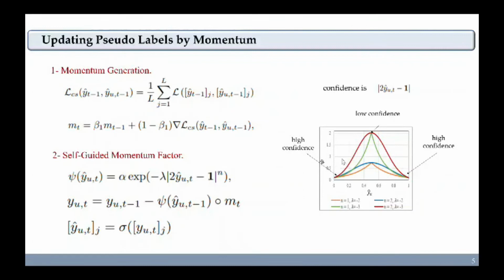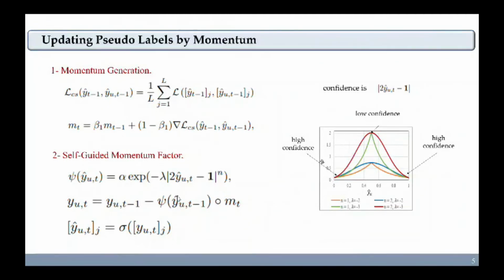While if the pseudo label has a high confidence level, we need to keep the current value of those pseudo labels without too much contribution from the momentum.